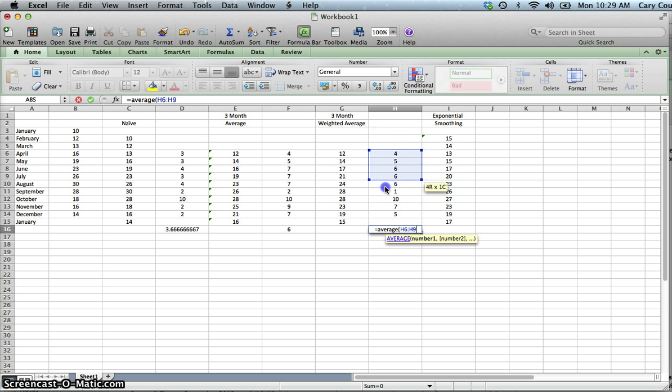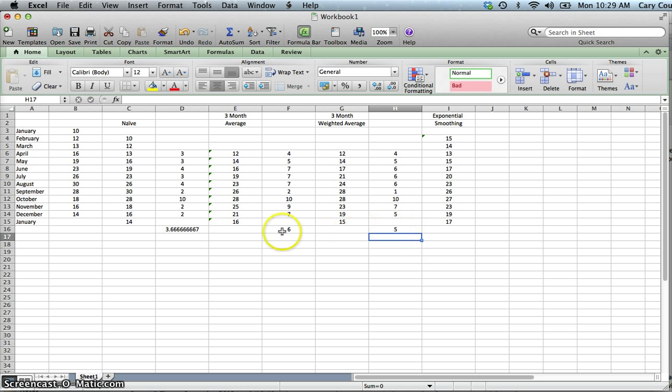You have to calculate the error for each time period that you're doing. So it's a little bit less of an error than the 3-month moving average. This is the weighted average, so it's doing a little bit better job, but still not as good a job as the naive approach.